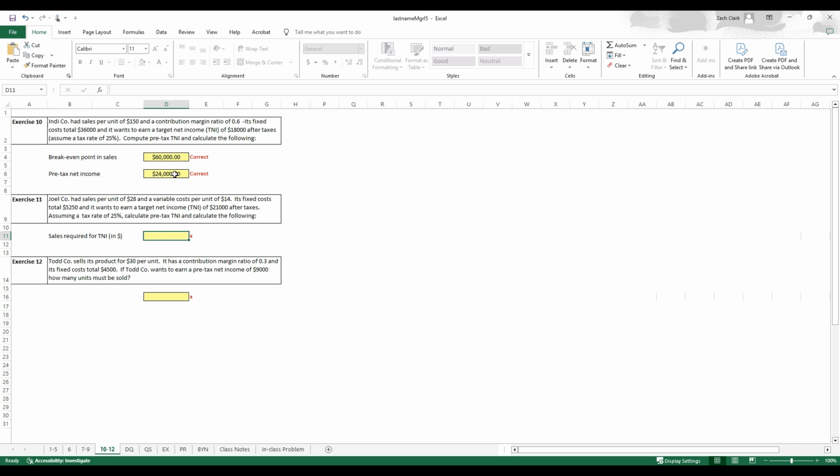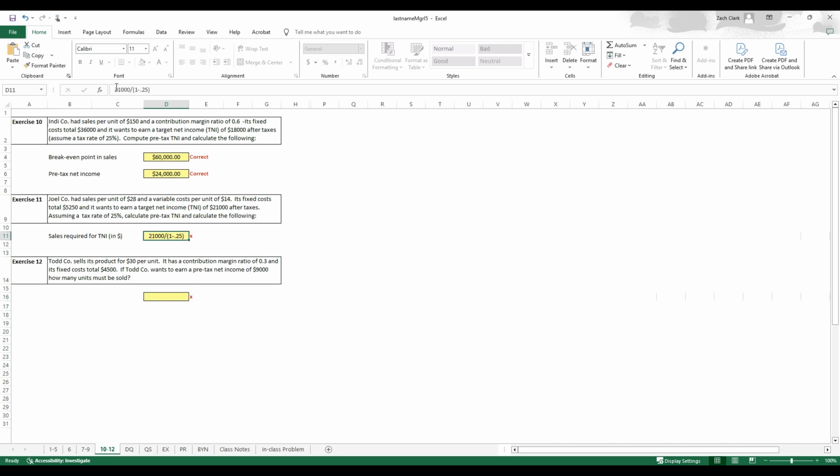So we need to first figure out what pre-tax net income we're targeting. From there we can figure out how much sales we need to cover our fixed costs and give us enough income that after taxes gets us to $21,000. So step one, figure out our net income before tax. We have 21,000, and then divide that by 1 minus the tax rate.